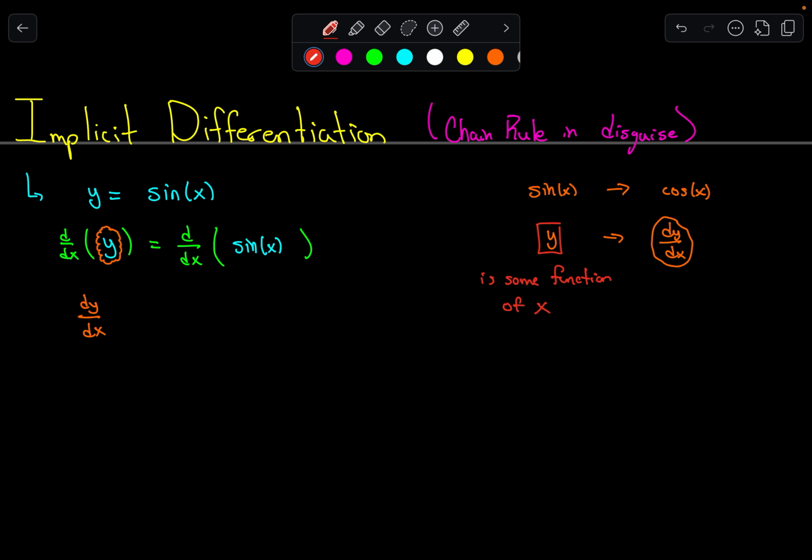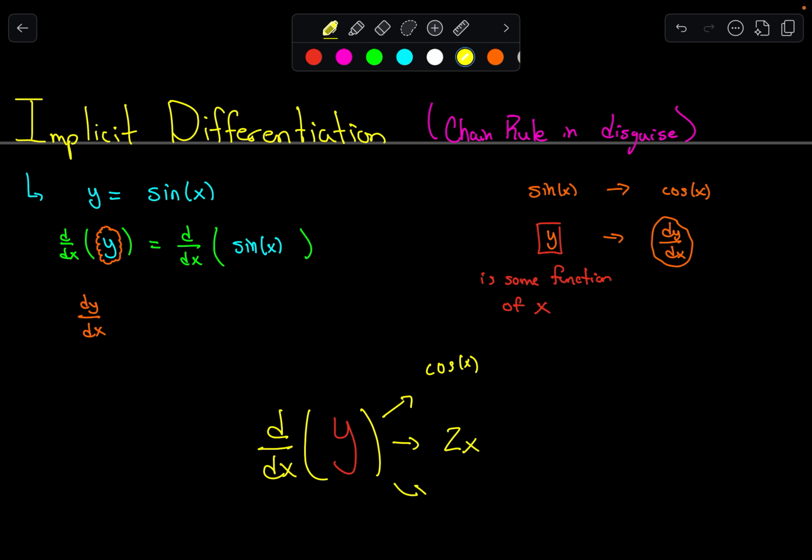So if I just give you this random letter y and I say take the derivative of this with respect to x, the derivative of y is going to change depending on what y is. If y is the sine function, then this thing becomes cosine of x. If y is equal to x squared, then this is 2x.